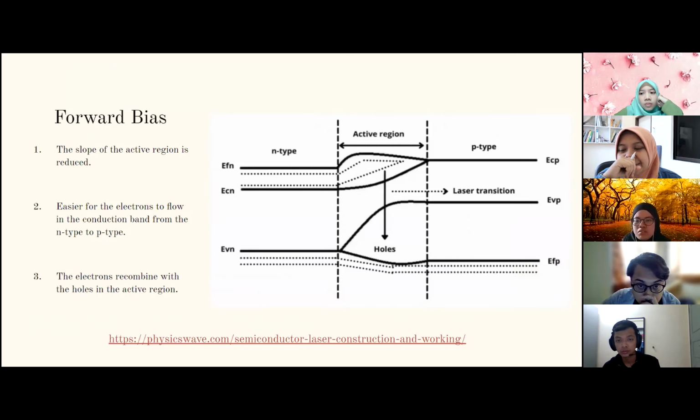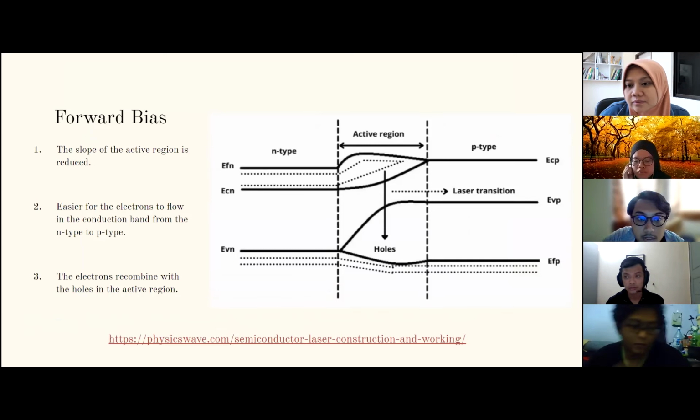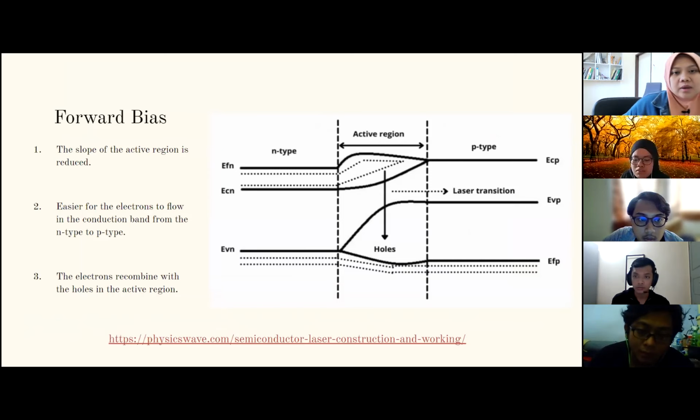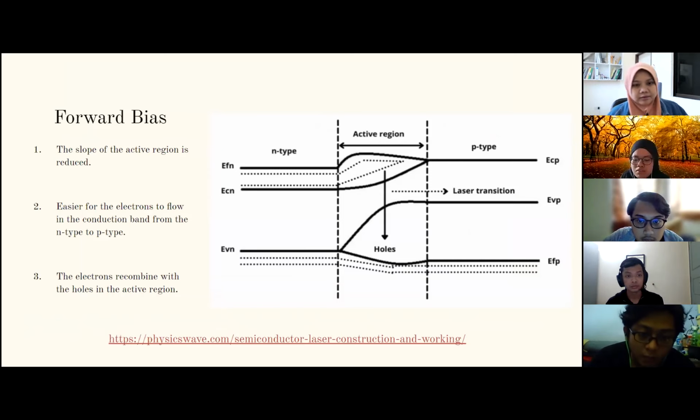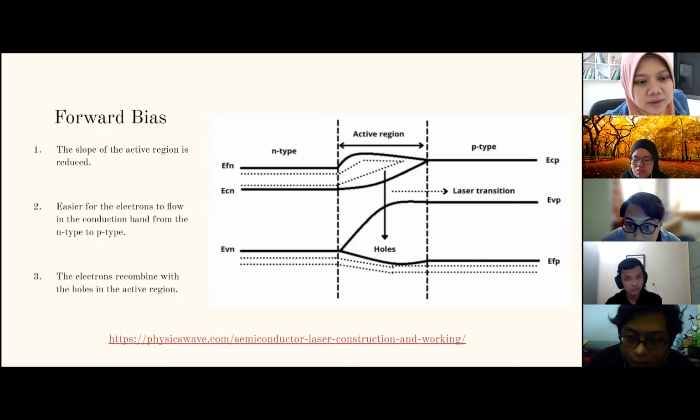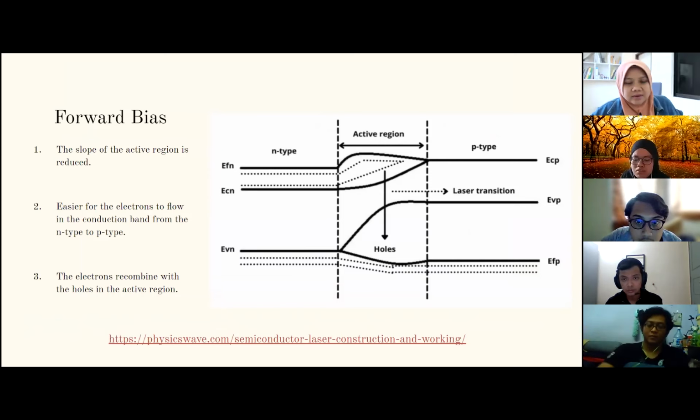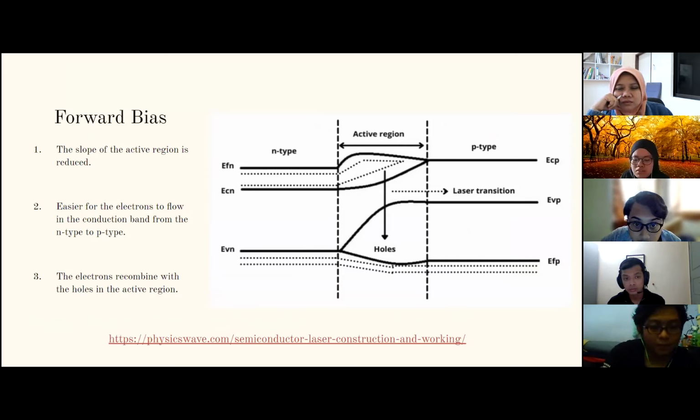Then the last requirement is that it needs to be in forward bias, because when it is in forward bias, the slope of the active region is reduced. As we can see in this diagram, the slope is not as steep as in zero bias, so it is easier for the electrons to flow in the conduction band from the N-type to the P-type.